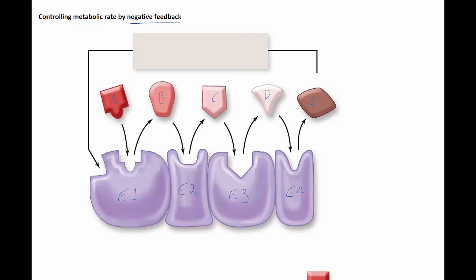Now, in fact, what can happen is something called negative feedback. And what actually happens there is that product E prevents the whole metabolic pathway from occurring by actively connecting with enzyme 1.